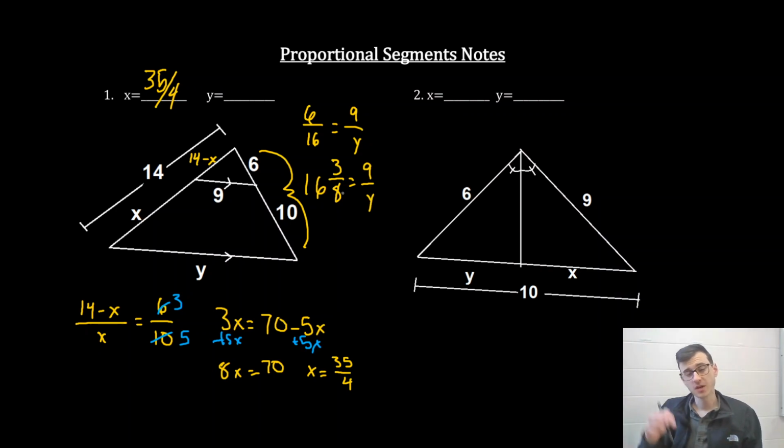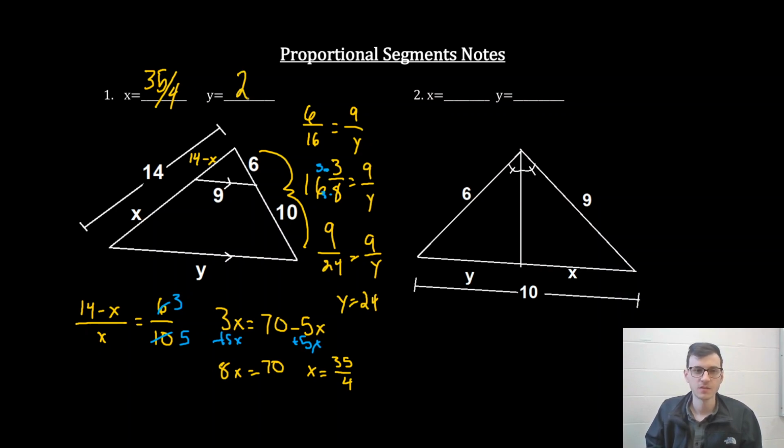And again, like I've talked about in previous videos, what could I multiply this top by to get 9? If I multiply the top by 3 and the bottom by 3, I get 9 over 24 equals 9 over y. Well, y must be 24. I'd just rather do that than cross multiply if I can help it. So x is 35 over 4 and y is 24. Not too shabby.